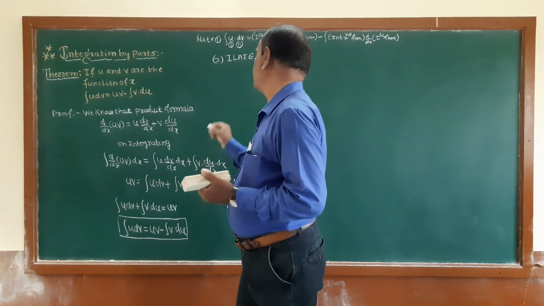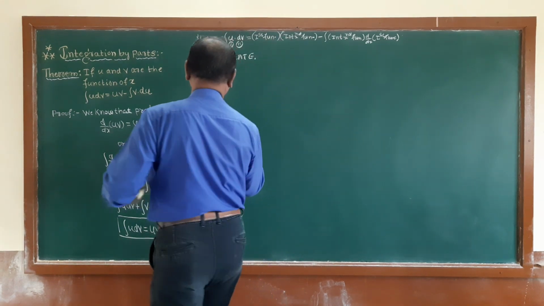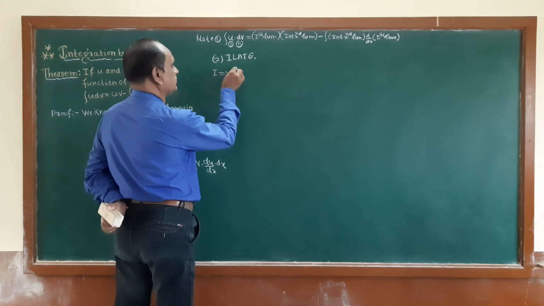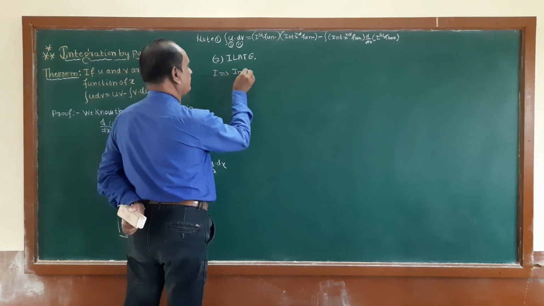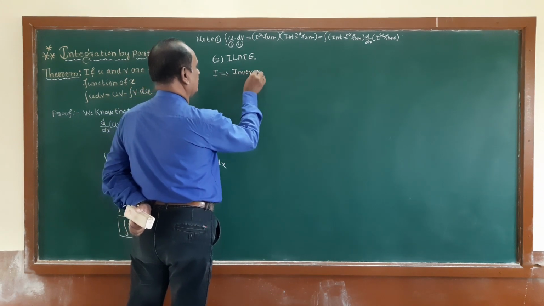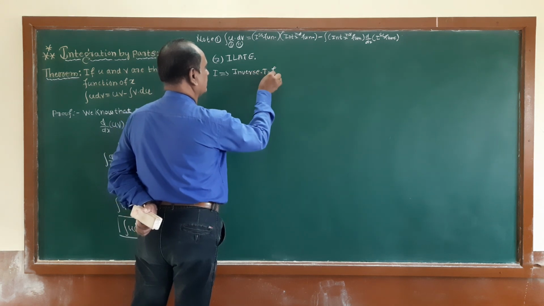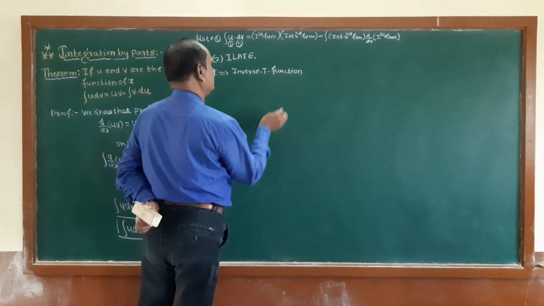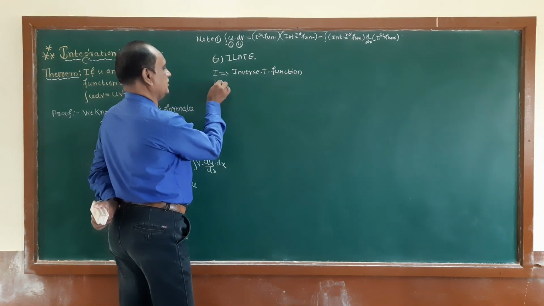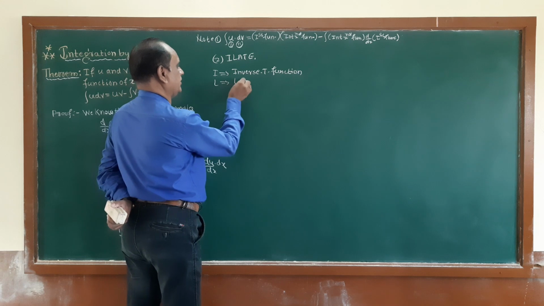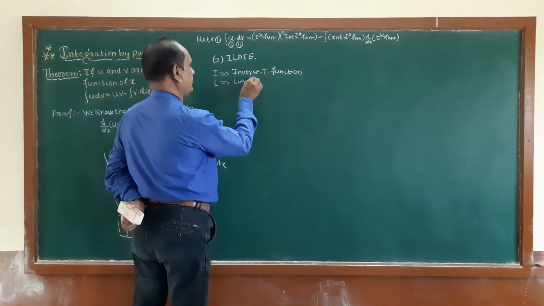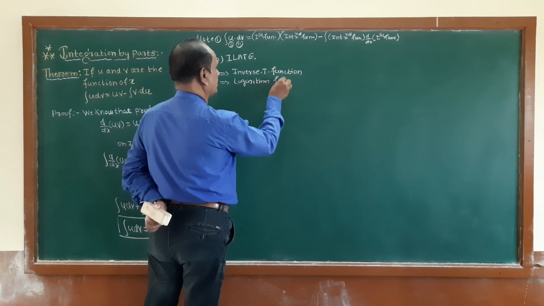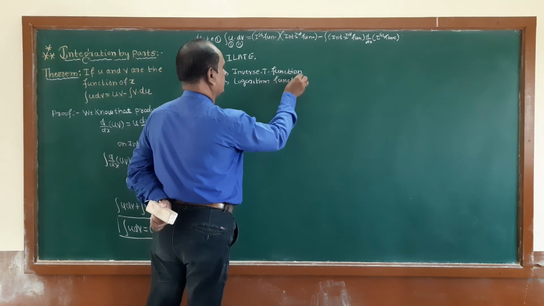So LIATE: the first one, I, means inverse trigonometric function.